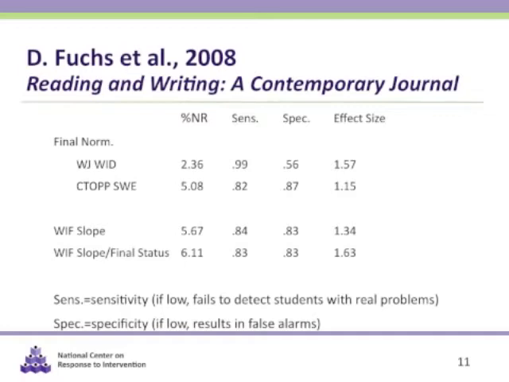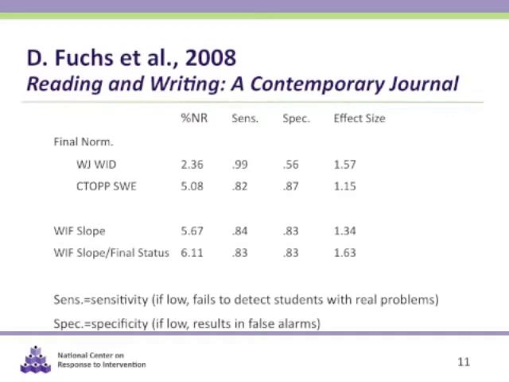So we looked to see how well that method for designating response worked in terms of the percentage of students who were designated unresponsive. You see that a very small percentage of students were designated unresponsive based on the Woodcock Word ID, only a little more than 2% of the general population.